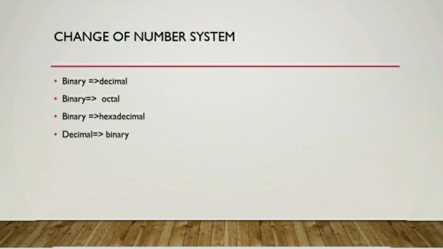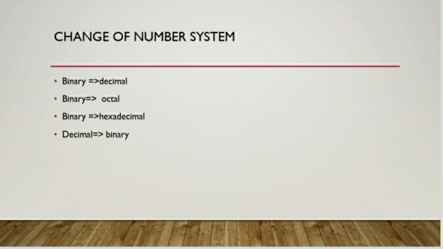The conversion from binary to octal is easily accomplished by partitioning the binary number into groups of 3 digits each, starting from the binary point. The following example illustrates the procedure.